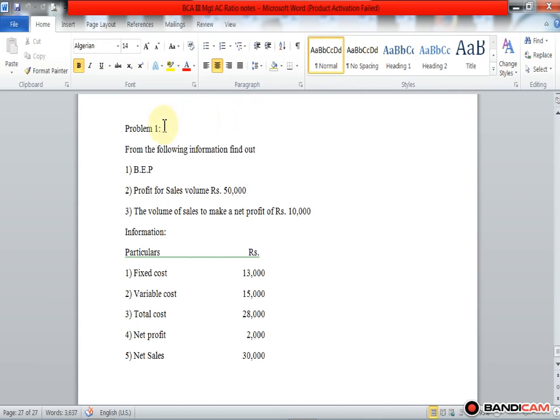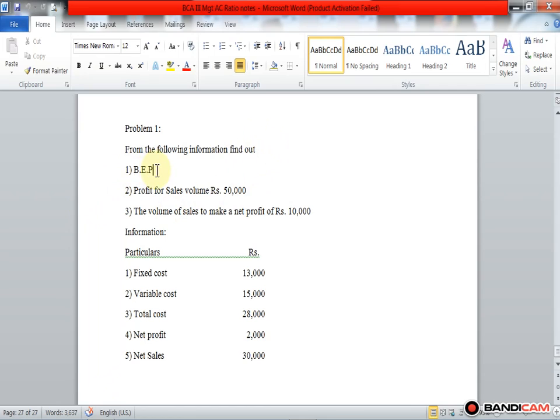Here problem number 1 is given, and according to the information given we have to find the ratios, or find out some amounts. Problem number 1: from the following information find out first, BEP.